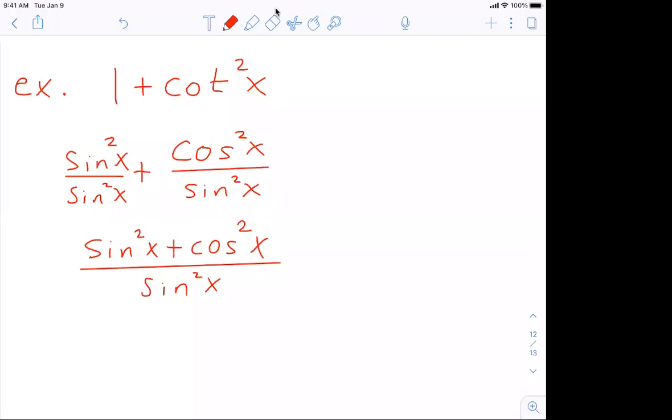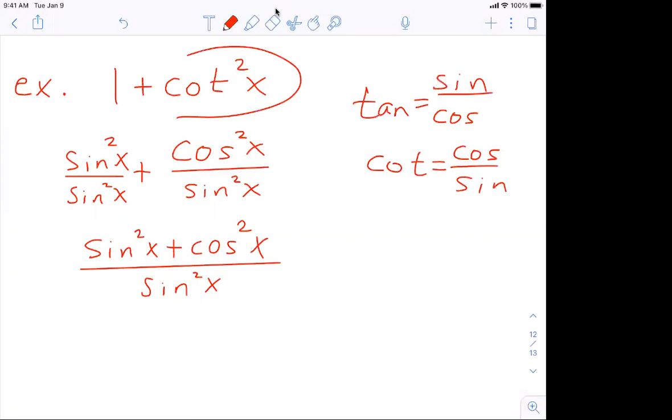So remember that the cotangent is the tangent flipped over, and the tangent is sine over cosine, which means the cotangent is cosine over sine. So the cotangent squared is cosine squared over sine squared. So we're using those same trig relations that we had before to write them in terms of sines and cosines.